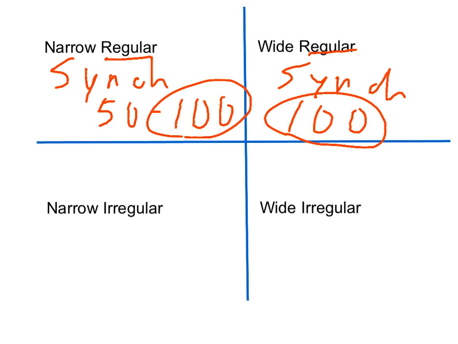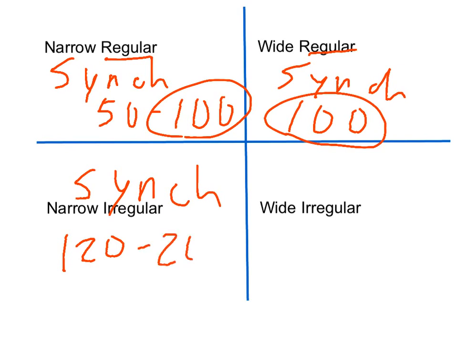When the rhythm is irregular, we're still going to sync on the narrow complex, but we're going to go to more of a defibrillation level of energy. Again, it's still synchronized as long as it's narrow and irregular. This is typically an AFib. Once it becomes wide and irregular, we no longer are going to sync.